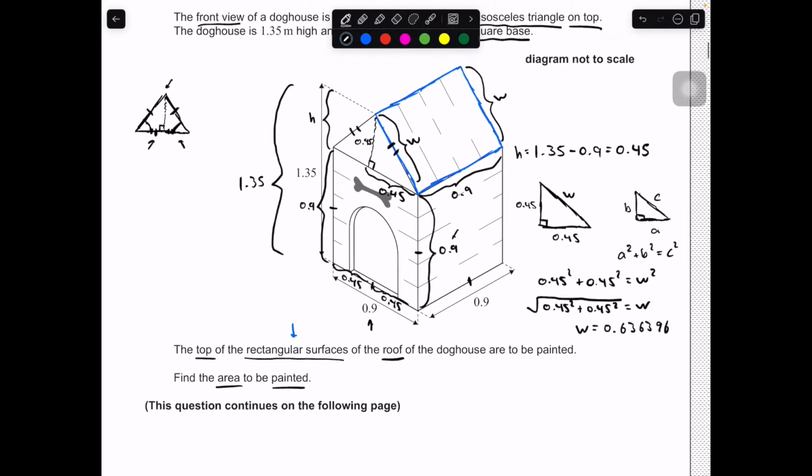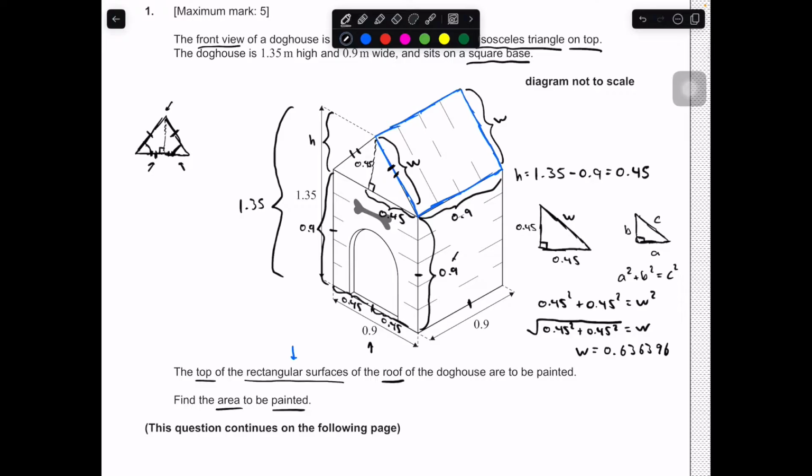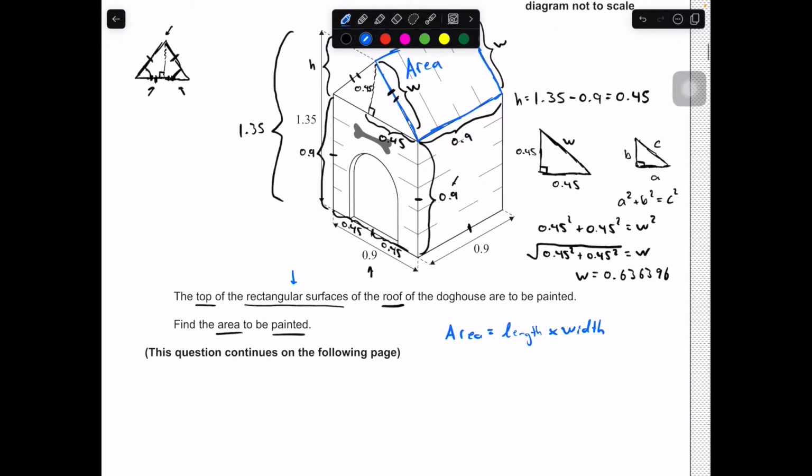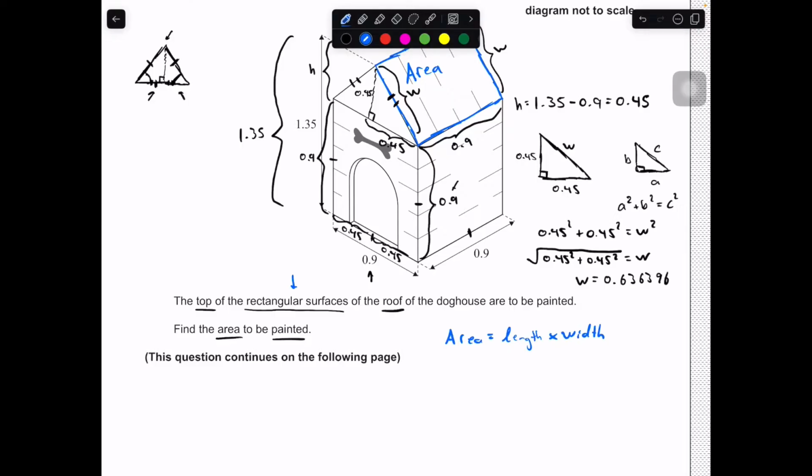Last portion of this question, we know that the area of a rectangle is given by length times width. So let's go ahead and work that out.